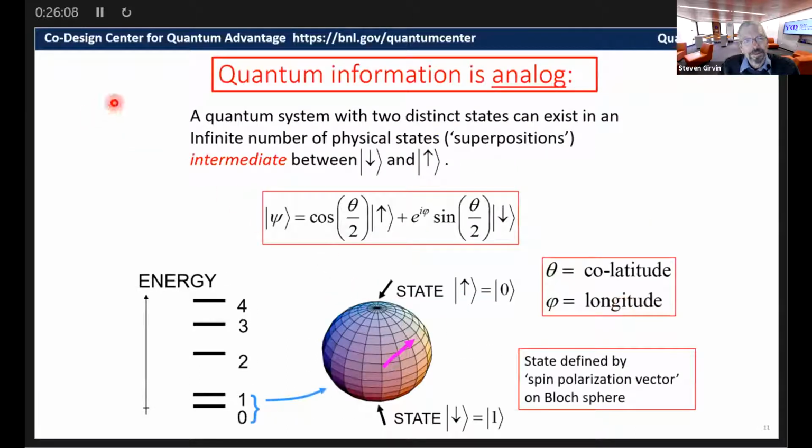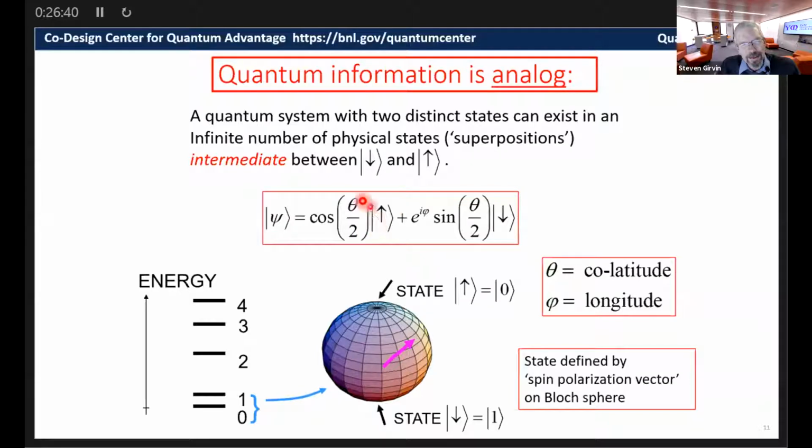So that was quantum information as digital, but it's also analog, because a quantum system that has 2 states like this can actually exist in an infinite number of intermediate states, superposition states, that are very familiar to those of you who've taken quantum mechanics. They're kind of a mixture of 0 and 1. But we don't use the word mixture. That has a specific technical meaning.